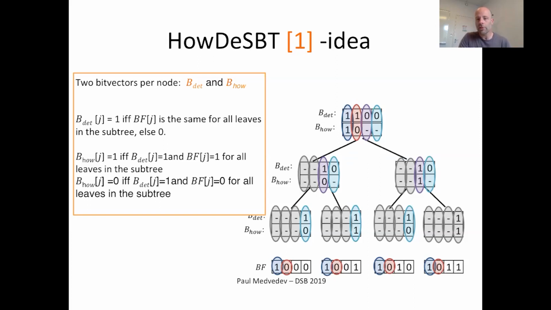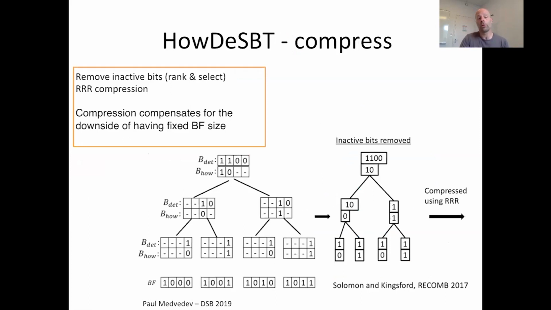It's a bit counterintuitive because you can think that we use here 2 bit vectors instead of 1 for each node, and so we should use more memory, but actually we store only the active bits. So, for instance, those bits are called inactive because we do not need them anymore.